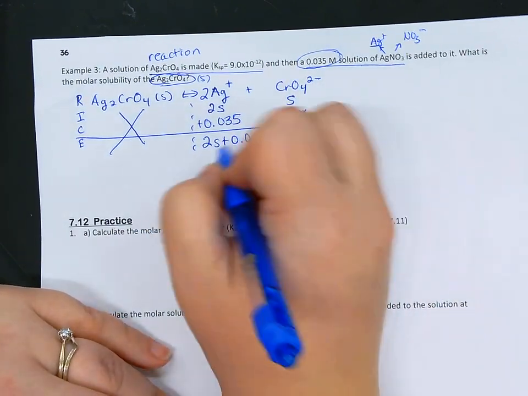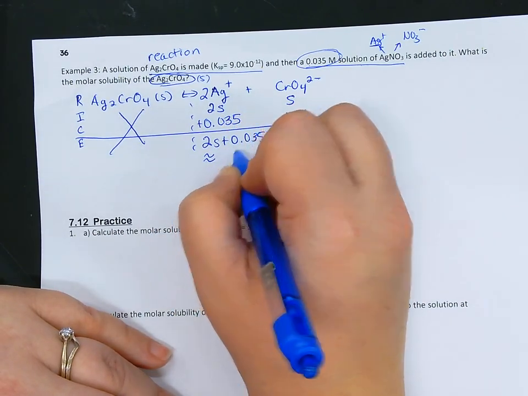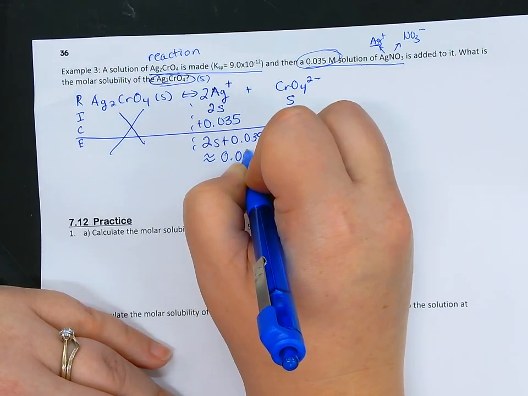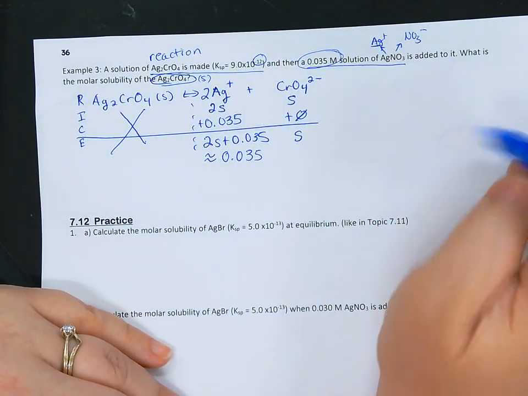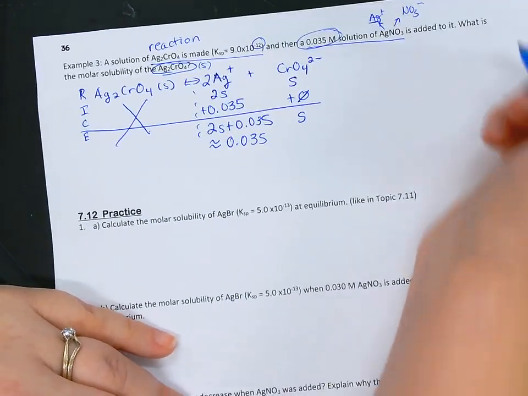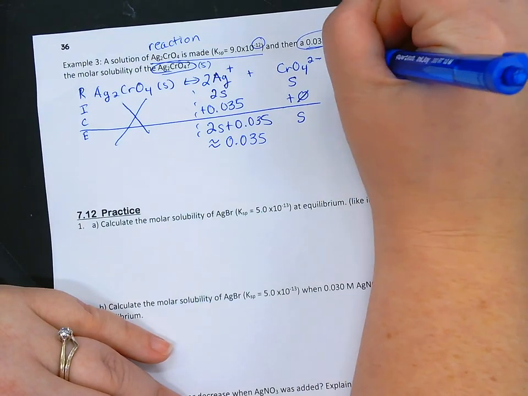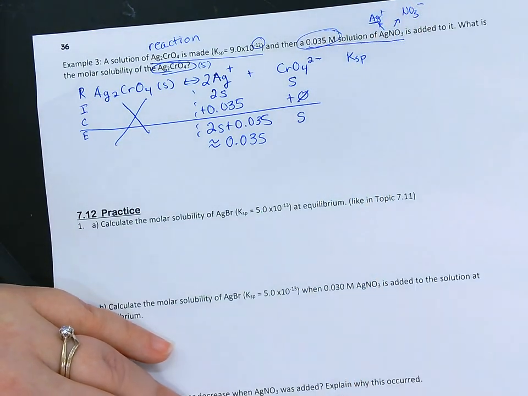We've got S over here, and this is where we make our assumption that this is basically 0.035 because our KSP is so teeny tiny, 10 to the negative 12. All right, I'm going to write my KSP over here where I've got some space.